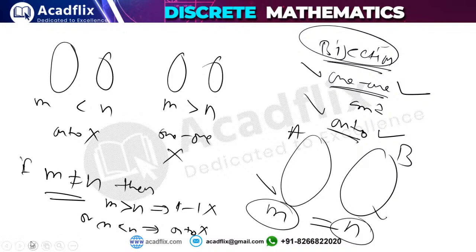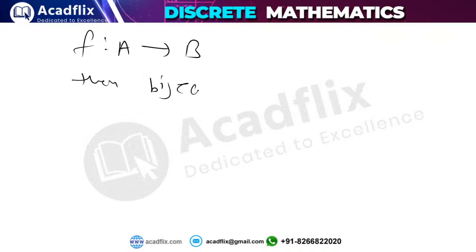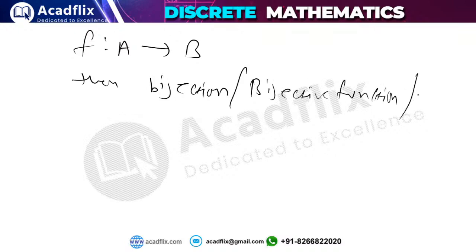So remember, if you have a function f from A to B, then it is a bijection, or you can say bijective function, or you can say 1-to-1 correspondence.